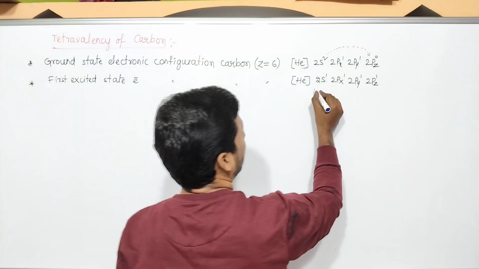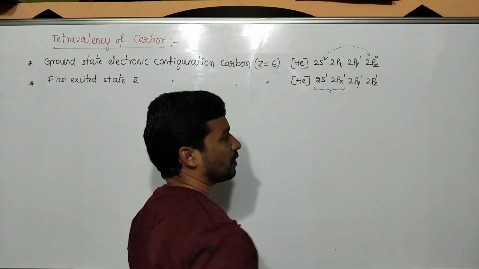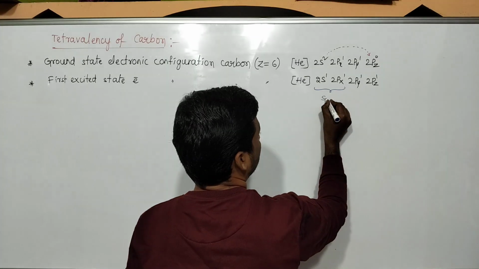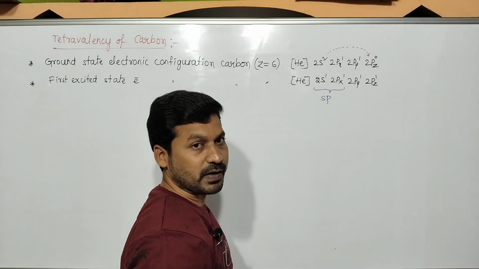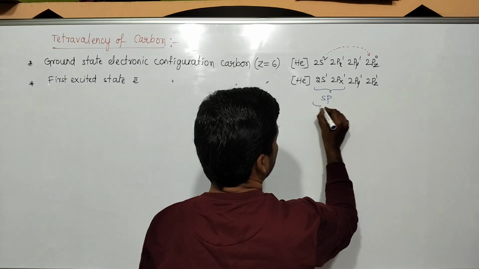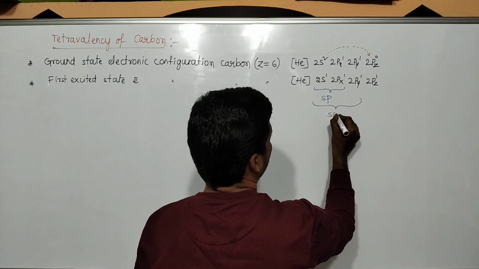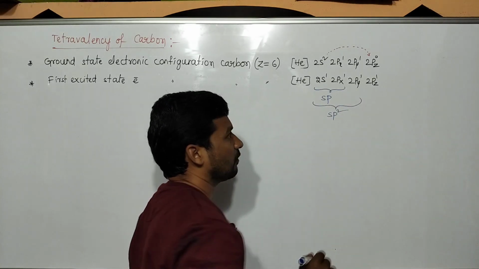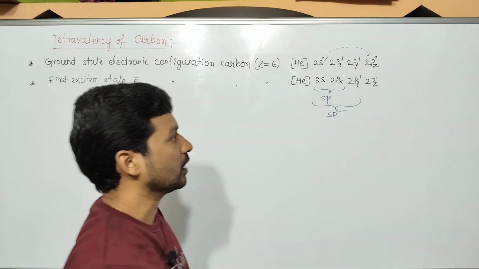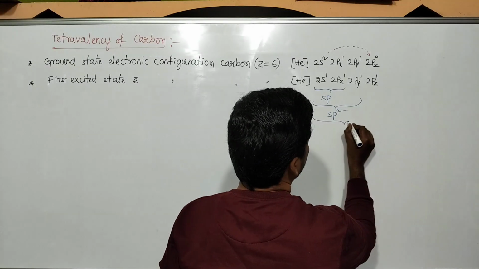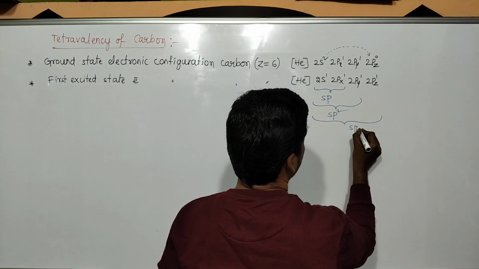By participating one s orbital and one p orbital, it is involved in sp hybridization. Carbon can also involve sp2 hybridization by involving one s orbital and two p orbitals. Carbon can involve sp3 hybridization also.